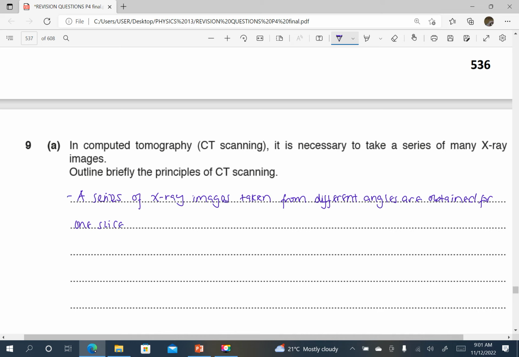A series of X-ray images taken from different angles are obtained for just one slice, taken for one slice of the organ being investigated.